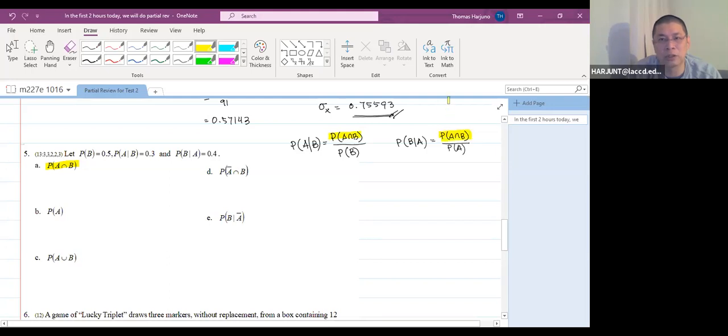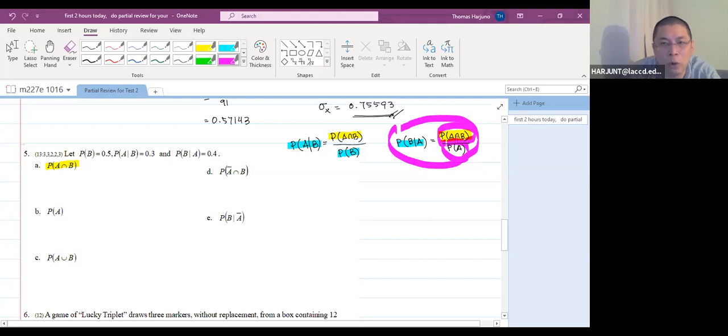That's the one in question. And the ones given are probability of A given B, probability of B, and probability of B given A. Those are the ones given. So you see, we won't be able to do part A using this second formula. It won't work. Why? We don't know this thing, and of course, we don't know the intersection. If you have two unknowns in your equation, then we won't be able to do that, right?